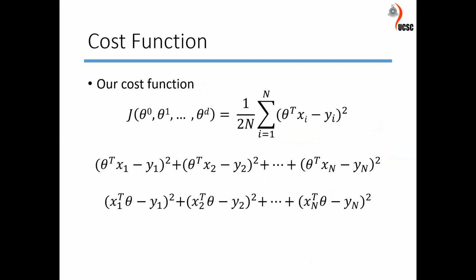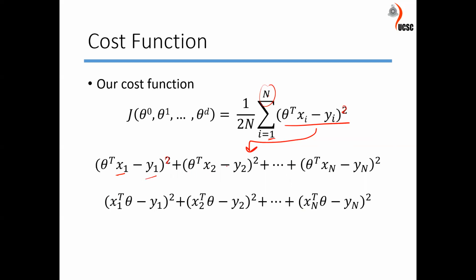First things first, you can write this in this form, where we start from i equals 1 and go up until the nth data point. You can write it in the expanded way: theta transpose x1 minus y1, then we get the square of that.